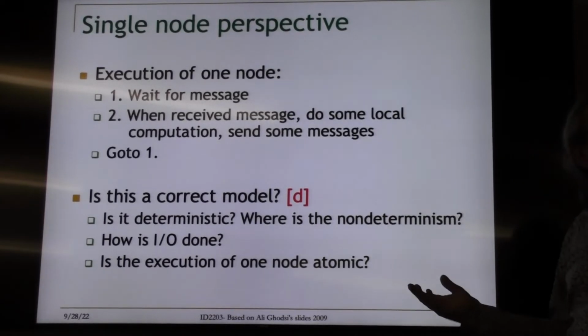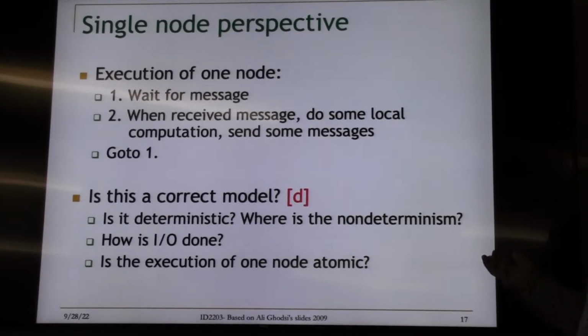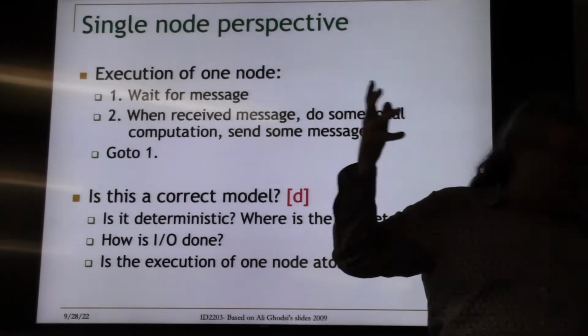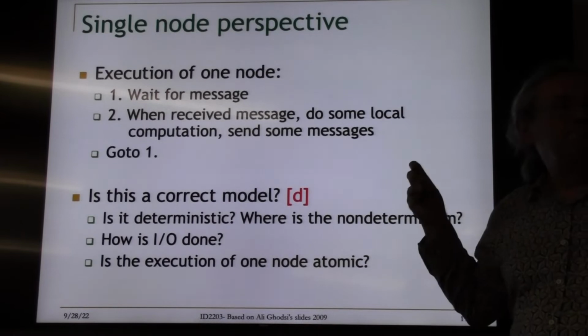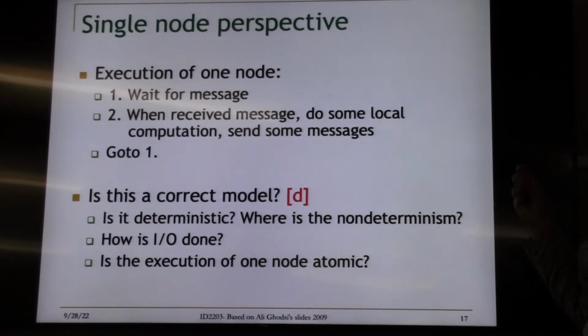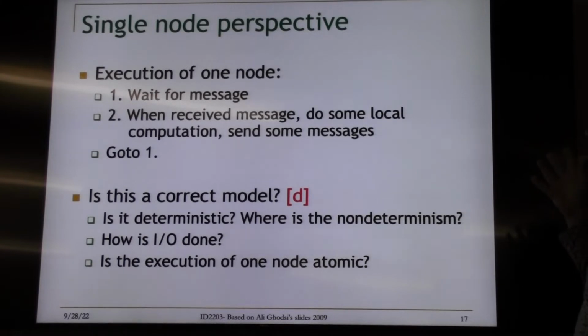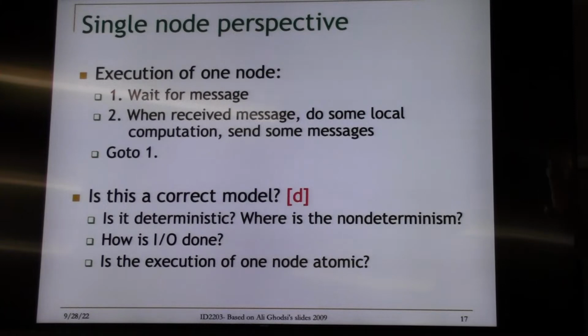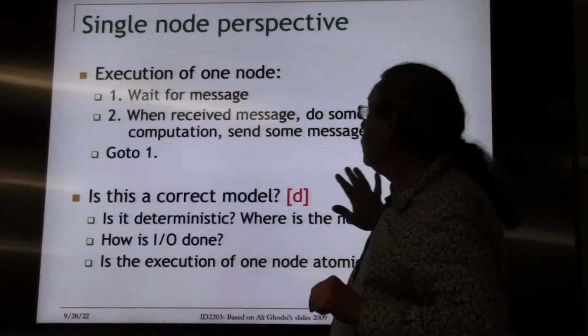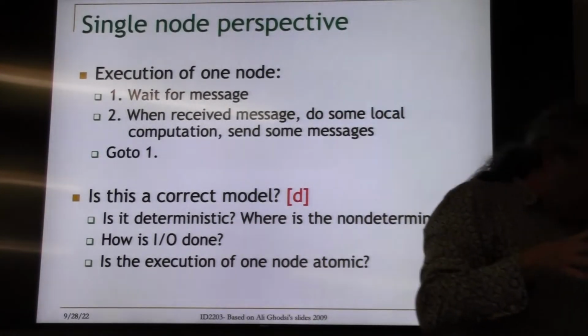Is that okay? What do you think? That's how this model has decided to understand the world. Is that reasonable? Is it reasonable to put all the non-determinism in the network? The local nodes are doing purely deterministic computation.